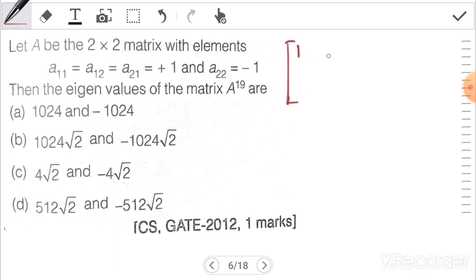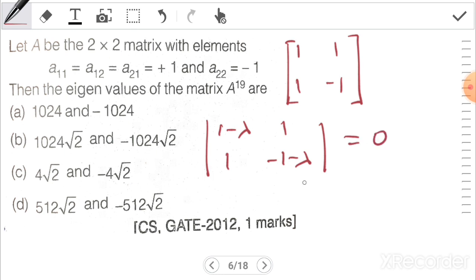One, one, one, minus 1. This is the matrix. Okay. 1 minus lambda, 1, 1, minus 1 minus lambda. This is the characteristic equation: (1 minus lambda)(minus 1 minus lambda) minus 1 equal to 0.